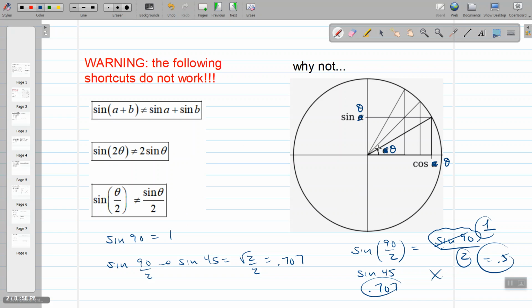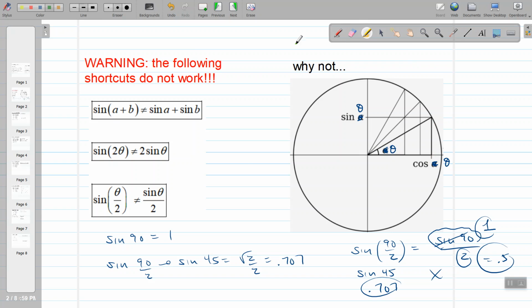In this diagram, my original angle is this one down here. If I wanted to figure out the sine of this angle, remember on a unit circle, that would be this length over here. This would represent the sine value.